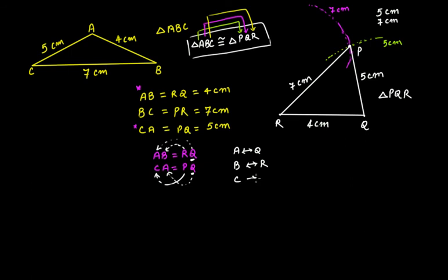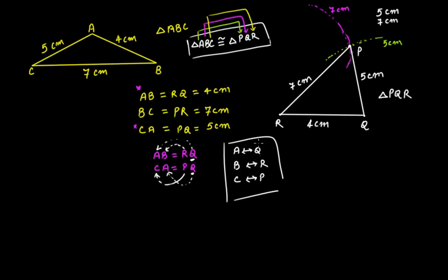Therefore, when you place this triangle over this one, Q will come on A, R will come on B, and P will come on C, right? So you'll rotate it and put it over, then vertex Q will fall over A, R will fall on B, and P will fall on C.